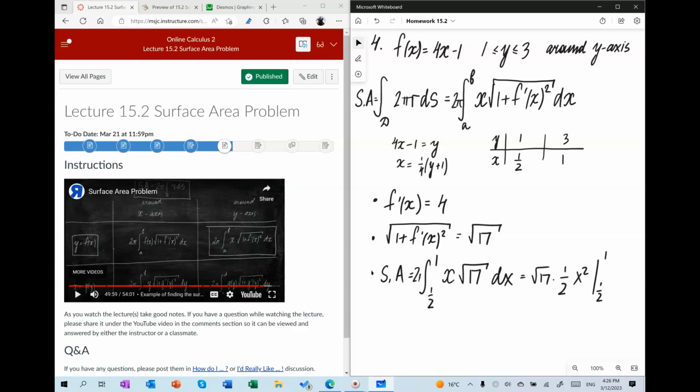And again, I keep forgetting this 2 pi over here, and let's not forget 2 pi over here, times 1/2, and we have this. Simplifying, 1/2 squared is 1/4, 1 minus 1/4 is 3/4, so we have 3 pi square root of 17 over 4.